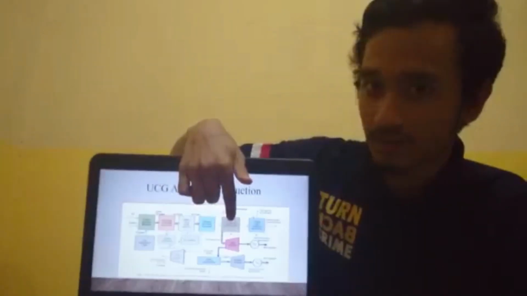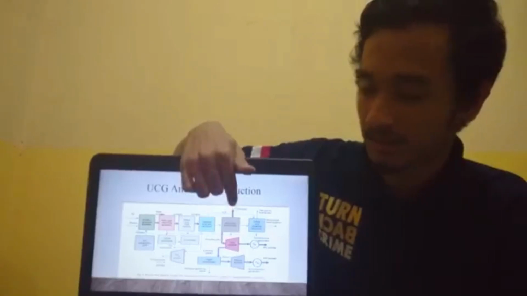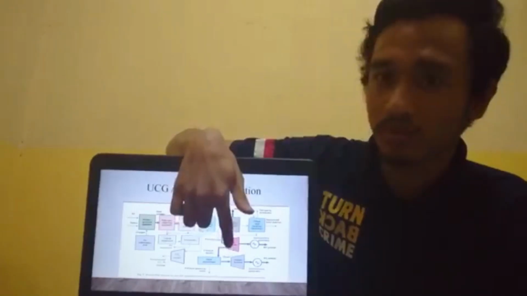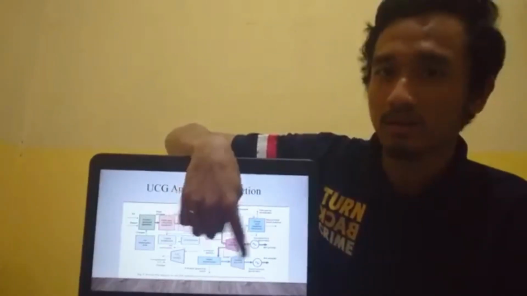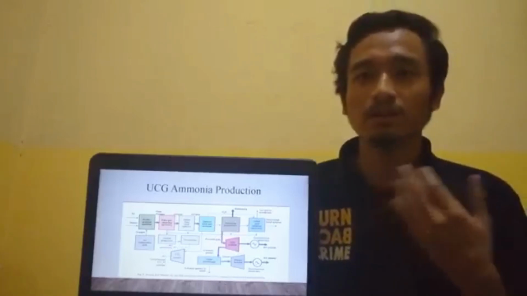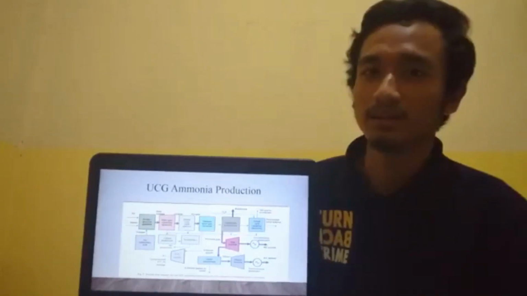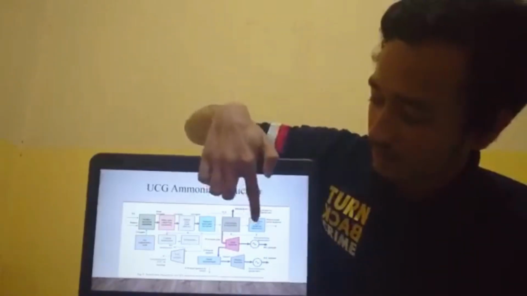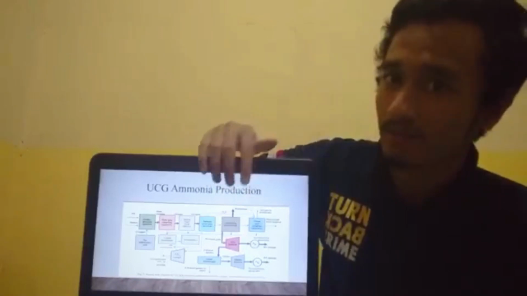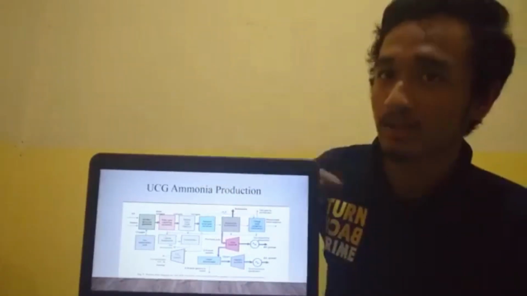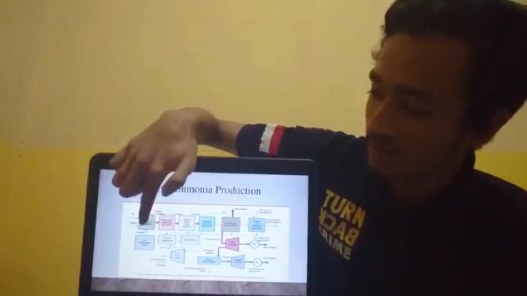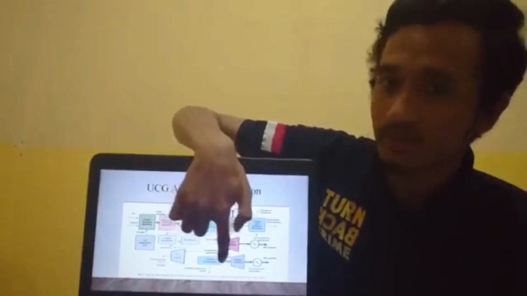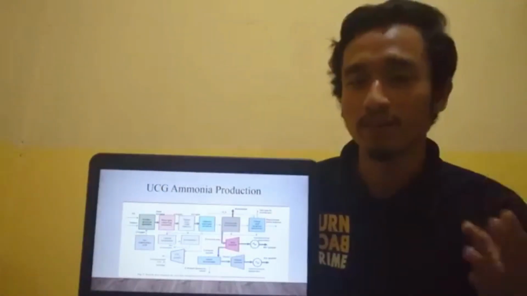Like before, it goes to the gas turbine and heat exchanger, which I have already explained. There may be other processes that I did not explain, but this is the main process, so I just explained the main process.